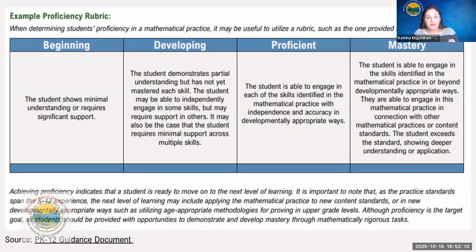Developing students need some. They might have some ability to do some of the things on their own. Maybe my kiddo is really good at making conjectures. They can guess, but they don't know how to make a plan, right? And that's okay. They need support to make a plan. They're developing. Proficient would be they can do all these things with independence and accuracy. And mastery would be they can exceed those expectations.